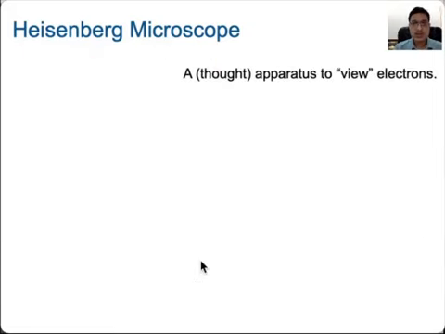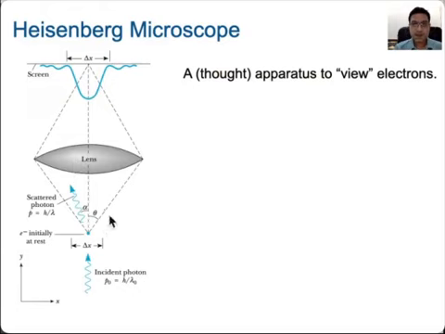Okay, so here is a schematic of this thought experiment, or what we call a Gedanken experiment, suggested by Heisenberg himself. So here is your electron at rest.